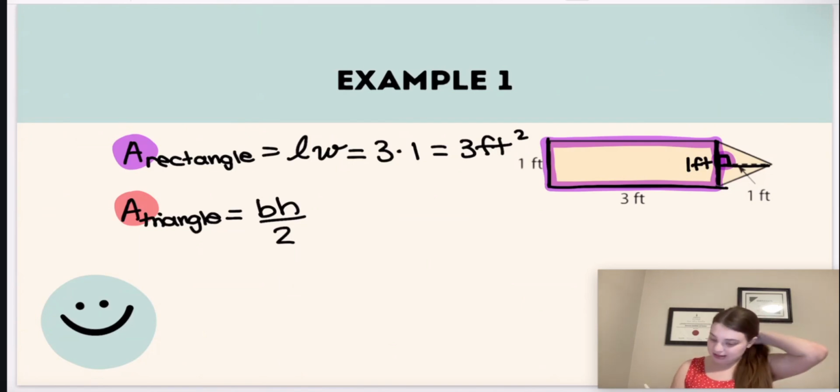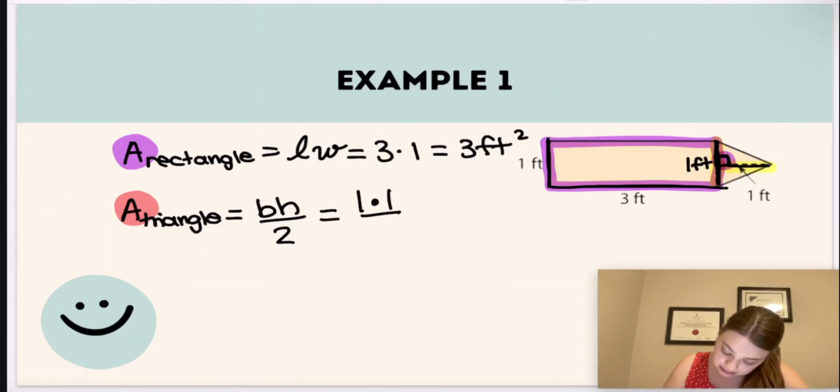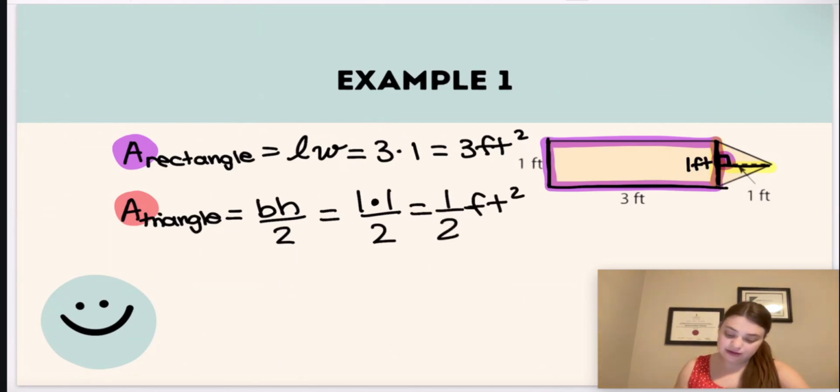So our base in this case is 1 foot, and our height is also 1 foot. Therefore, base times height over 2 is equal to 1 times 1 divided by 2, which is 1 over 2, so 1/2 of a square foot.